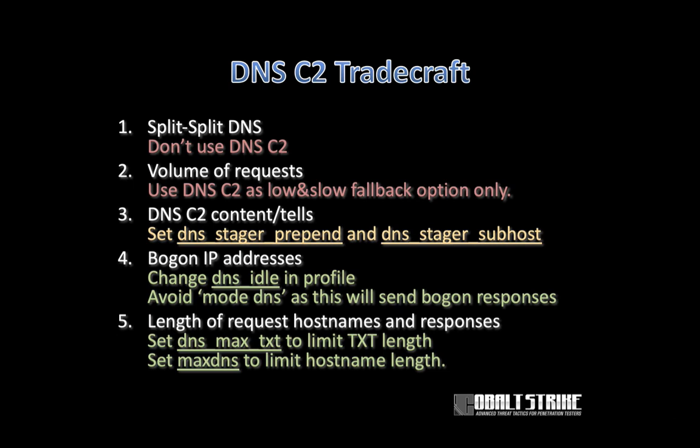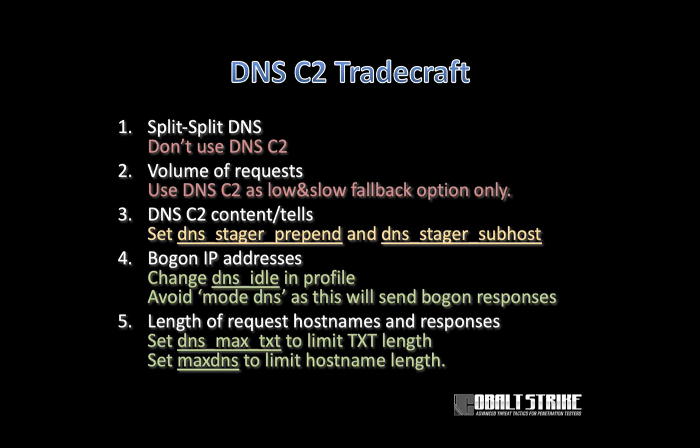As for bogon IP addresses, there is an option in Malleable C2 called DNS idle. This allows you to change the idle response used by Cobalt Strike's DNS server. And this value is also used as a XOR mask for other signaling responses as well.